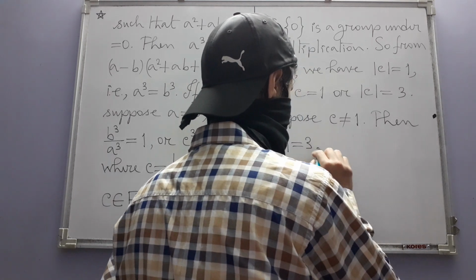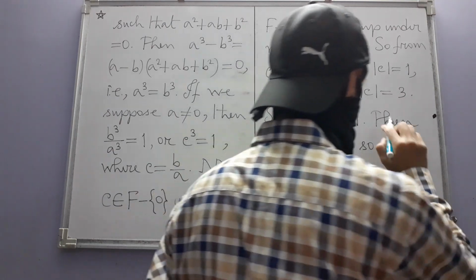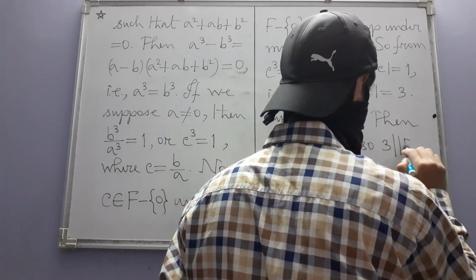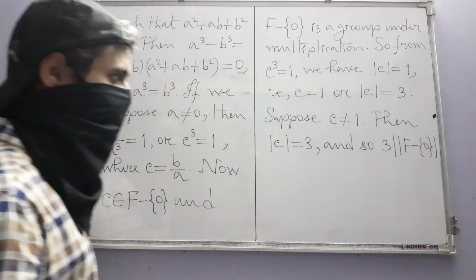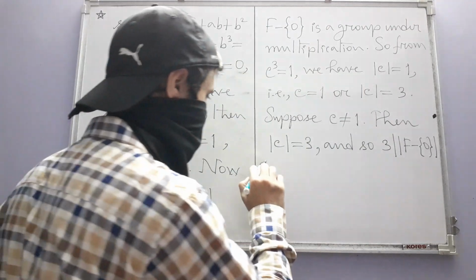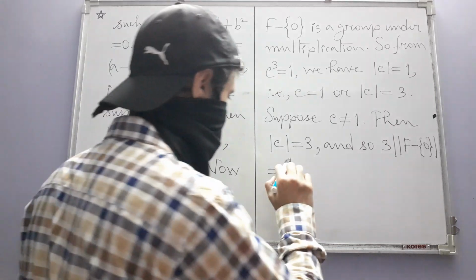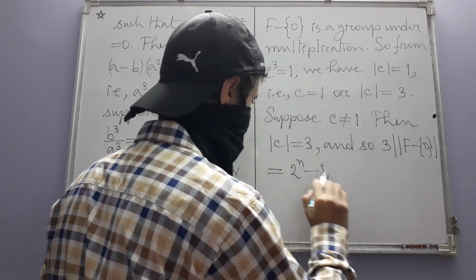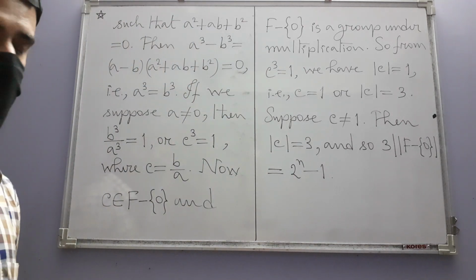And so, by that corollary, 3 has to divide the order of this multiplicative group, which is, you know how many elements F has. F has 2 to the power n elements, from which we have removed 0. So, this. But is this possible?